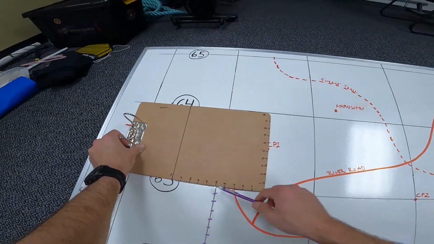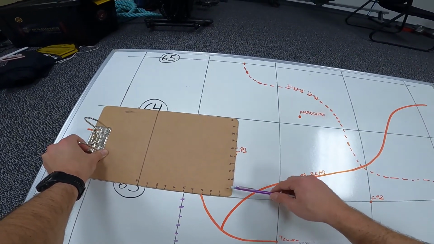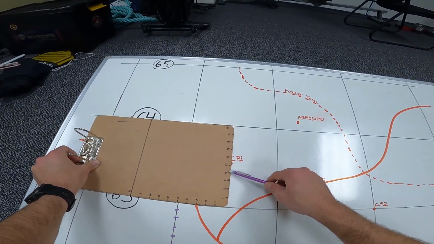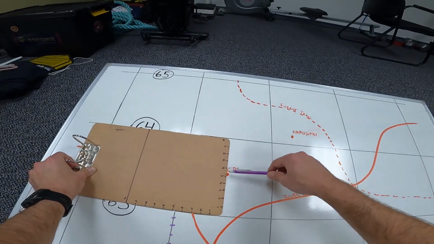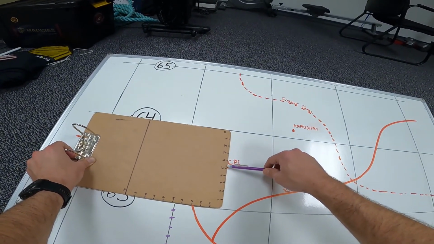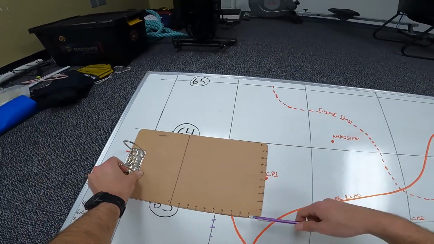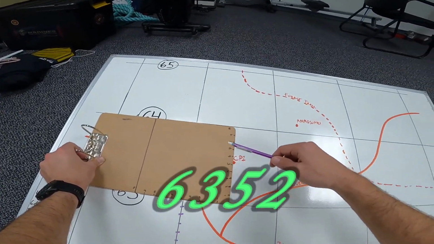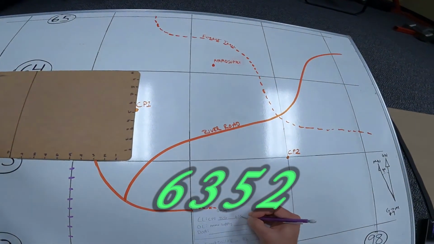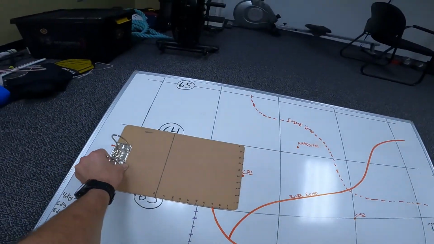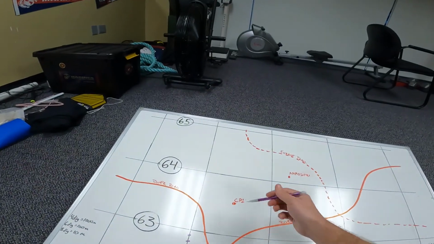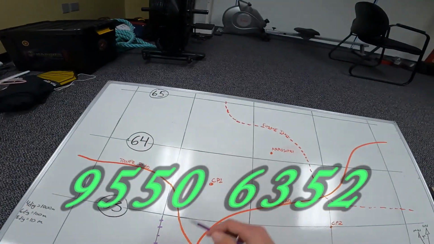You're 62, 63, so that's 6, 3, 1, 2, 3, 4, 5. And let's say that's 1 tick mark into the 5. So that's 6, 3, 5, 2. So bam, you have that 8-digit grid right there.